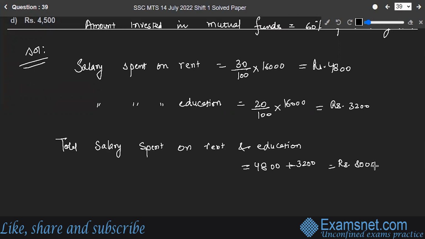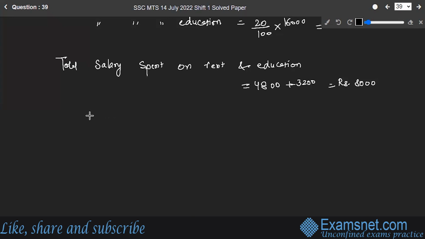So now after spending this much salary on rent and education, how much salary is left? Salary left is equal to 16,000 minus 8,000. So 8,000 rupees is left after all the expenditures. So now how much amount is invested in mutual funds?